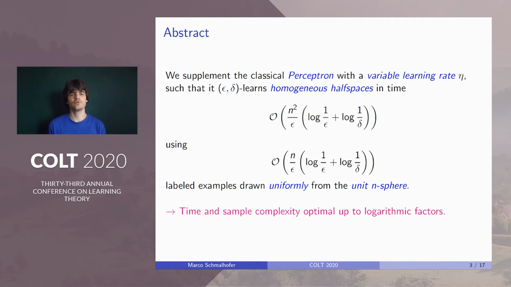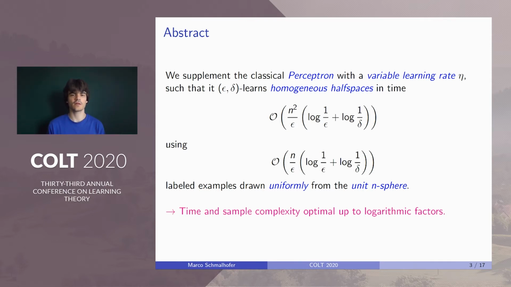So the main contribution of our paper is to supplement the simple perceptron algorithm with a variable learning rate eta, such that it epsilon-delta learns homogeneous half spaces in a time that is nearly optimal.